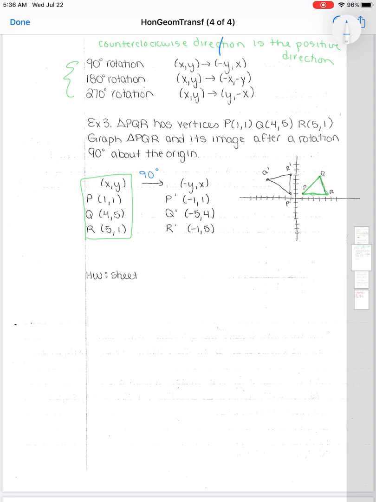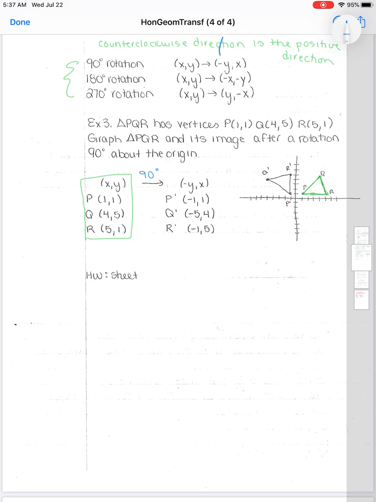Then for a rotation, it's telling us that we're going to rotate it 90 degrees. So the rule for 90 is going to be (-y, x). It doesn't really matter whether you choose to finish the point or do one at a time.